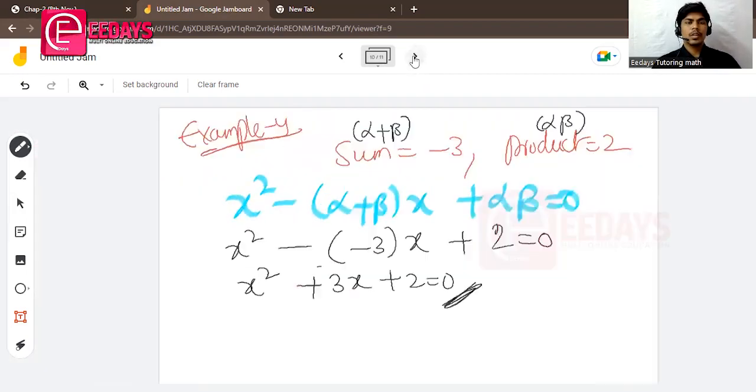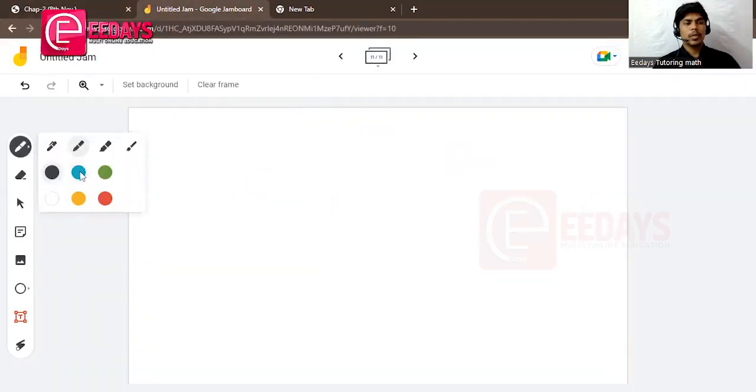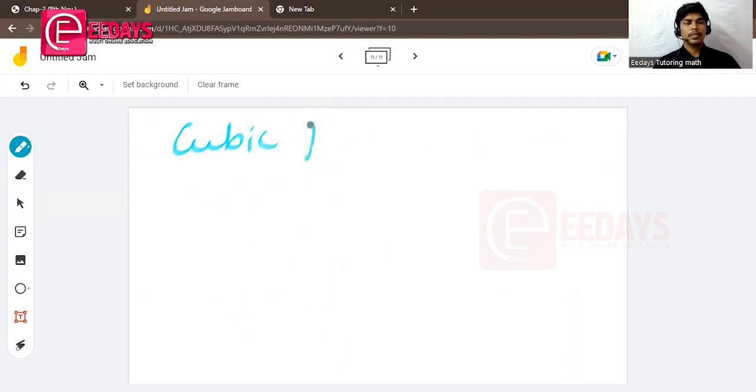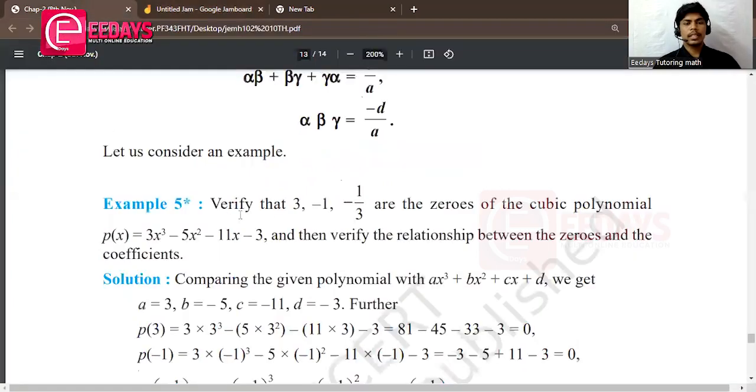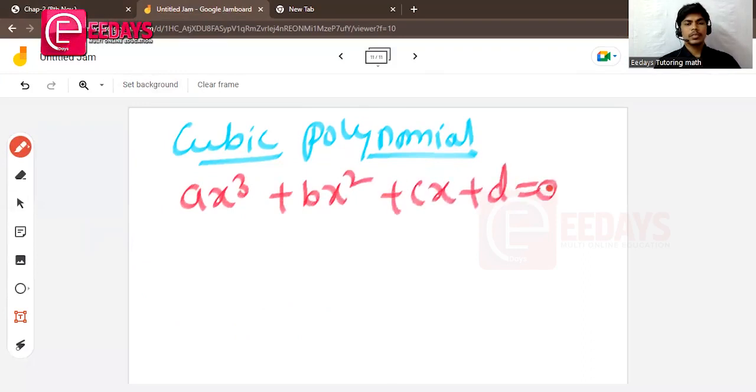But when it comes to a cubic polynomial, how do we classify it? What is the expression? First, we write the general form: ax cube plus bx square plus cx plus d is equal to 0.